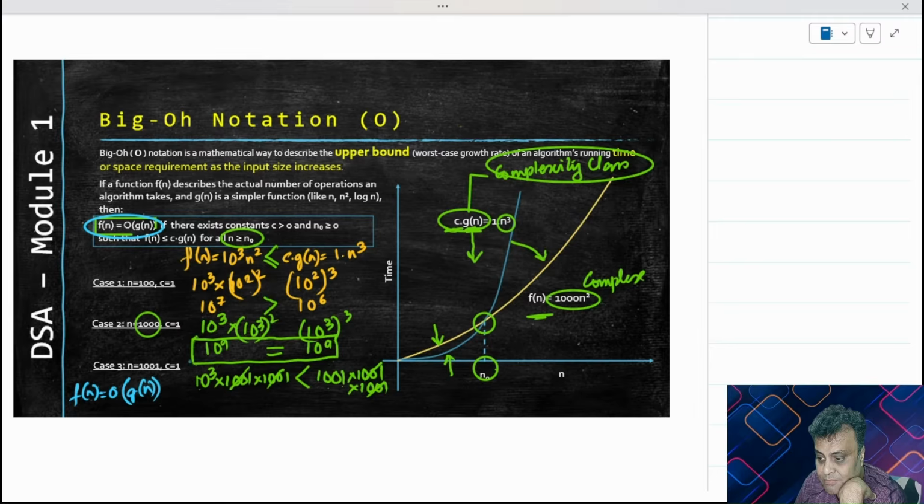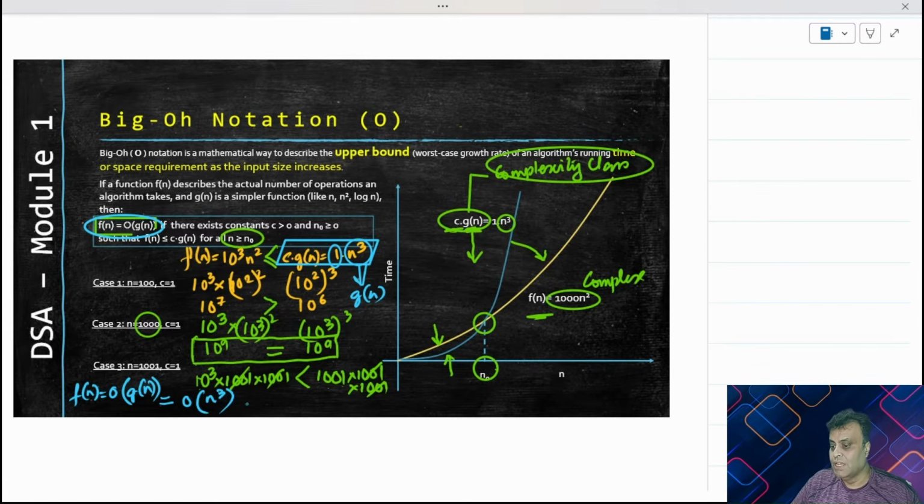Now what is Gn? If you see, your c dot gn was this. If c dot gn is this, then c is 1 and Gn is n cube. So I can easily say this is my Gn. So can I therefore say my Fn is equal to order of n cube? So what did we achieve?